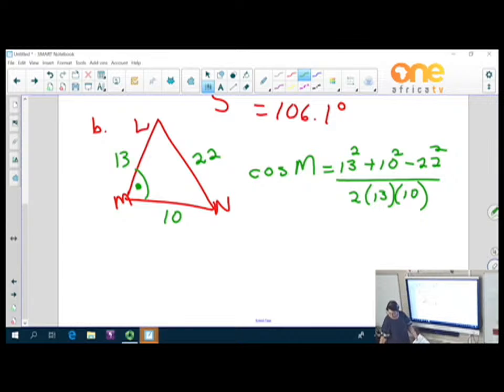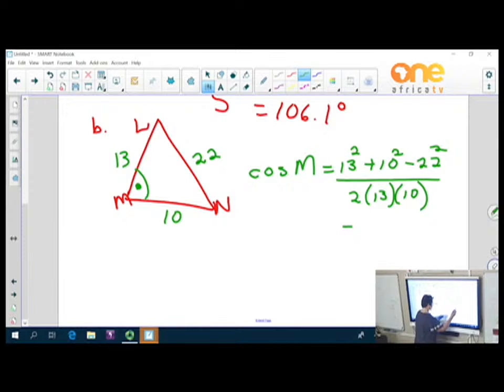We want the angle, but let's first do it step by step. I'm going to try now to do the whole one there. So it is 13 squared plus 10 squared minus 22 squared, close the bracket, divided by 2 times 13 times 10. If you use brackets, you'll get it easier.